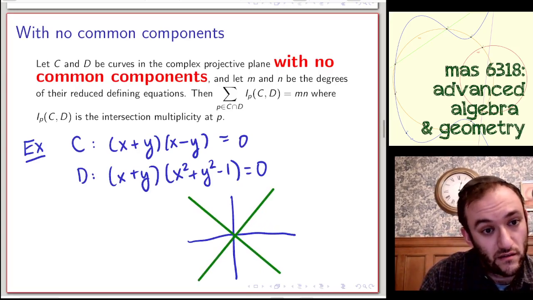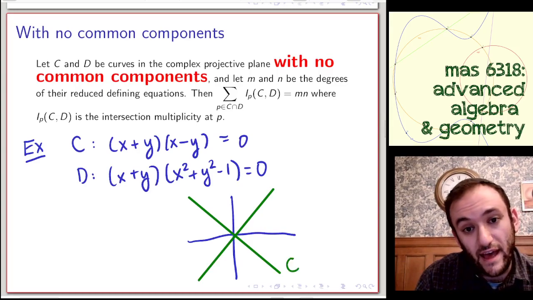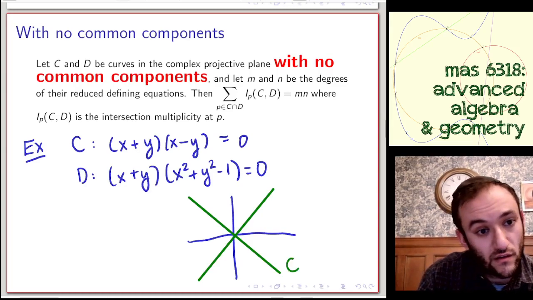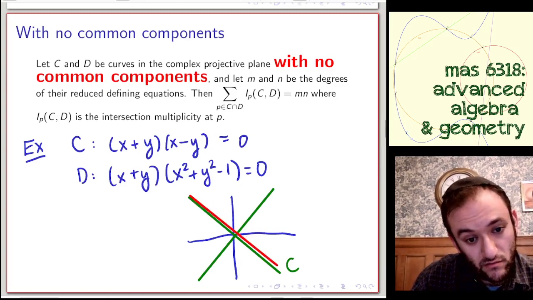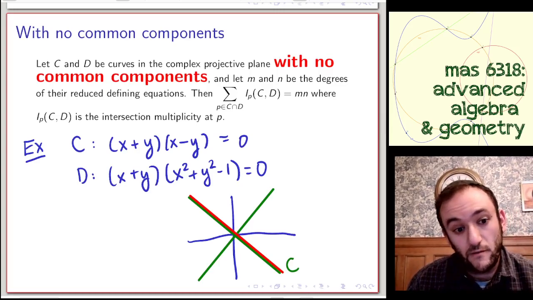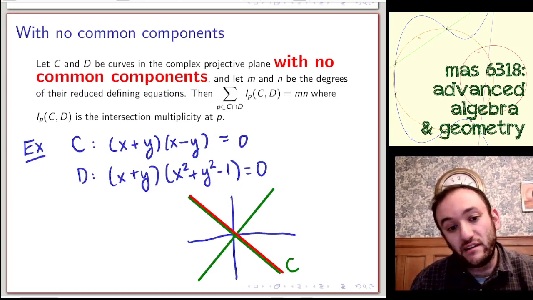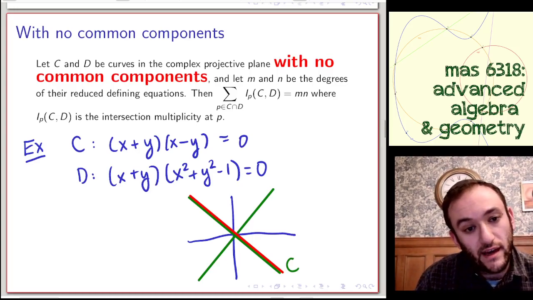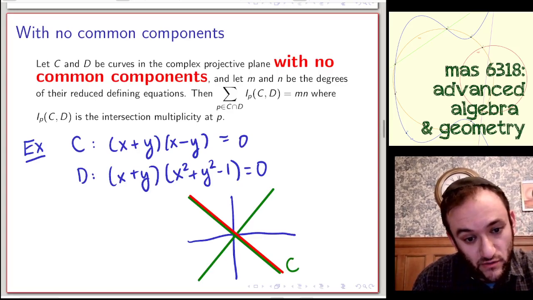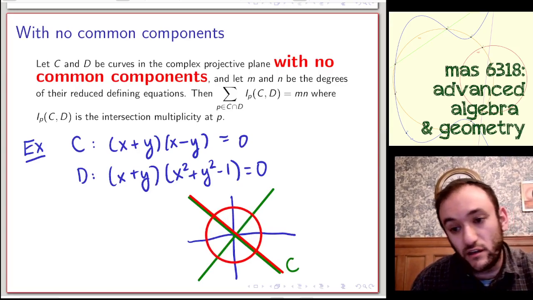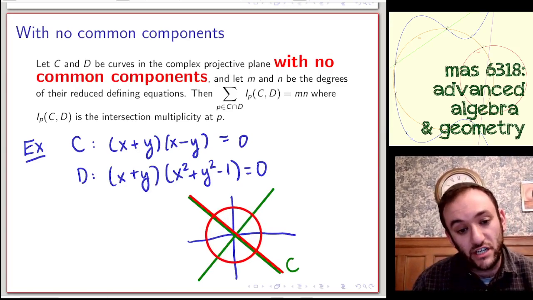As for D, we would get the line x plus y equals 0, because the second equation is always satisfied if x plus y is 0, because then you have 0 times something else equals 0. On the other hand, the second factor, x squared plus y squared minus 1, is 0 exactly on a circle of radius 1 centered at the origin.